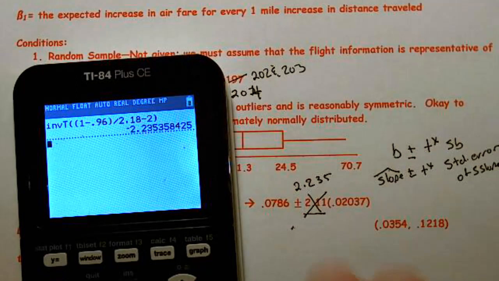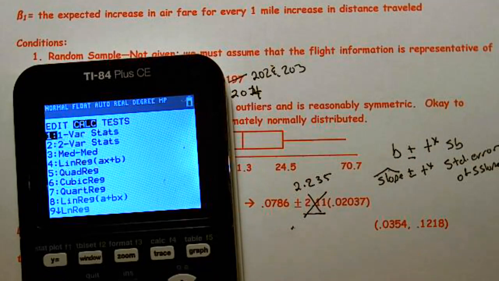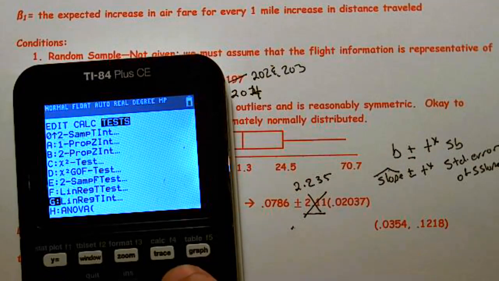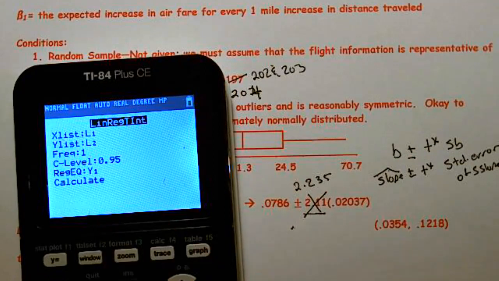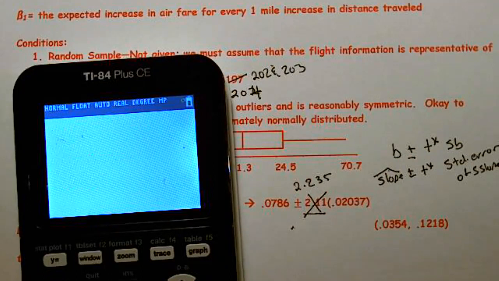And then if I actually want to run the endpoints, I either can multiply these out or I can just do it very rapidly. Stats, test, linear regression, this is G. And we have the confidence level, and we want to change this to 0.96. We'll store it there.